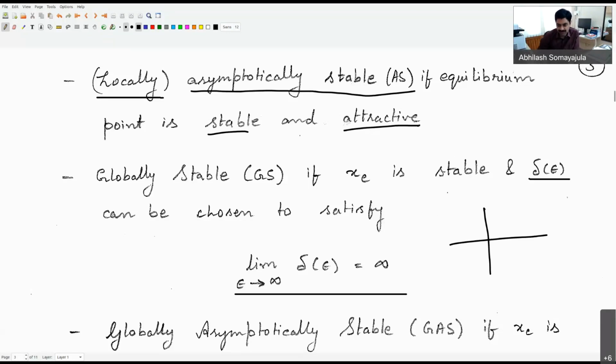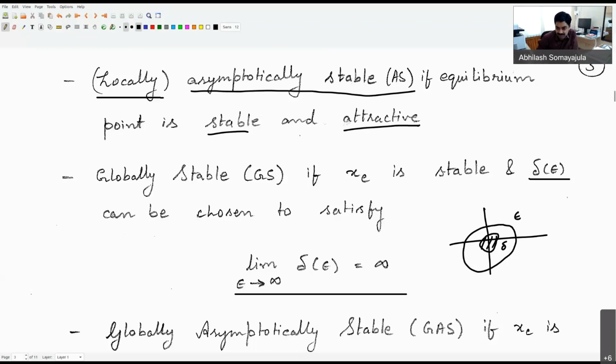Okay, for simplicity, let us consider that the equilibrium point is at the origin. I am saying that inside this epsilon ball, what is the delta ball that I require? That was the idea of stability primarily, correct?